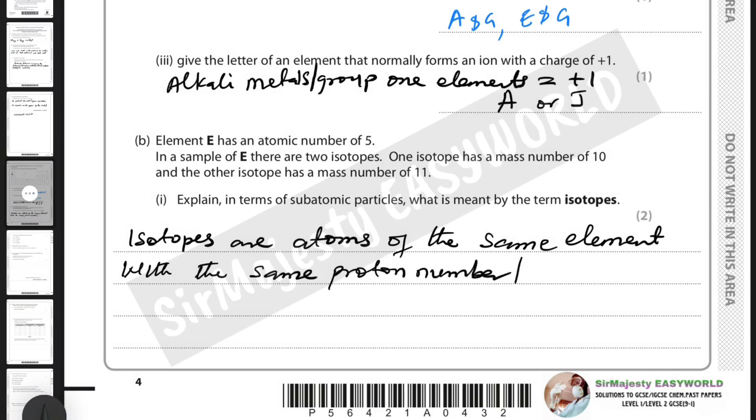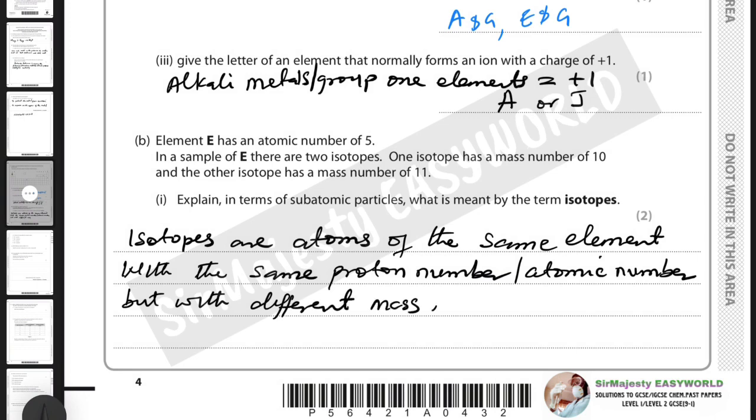If you don't call it proton number, you call it atomic number, but with different mass numbers or with different neutron numbers. So that is one way you can define it.